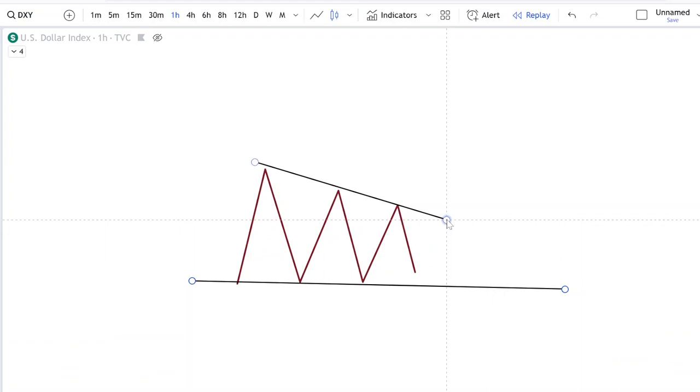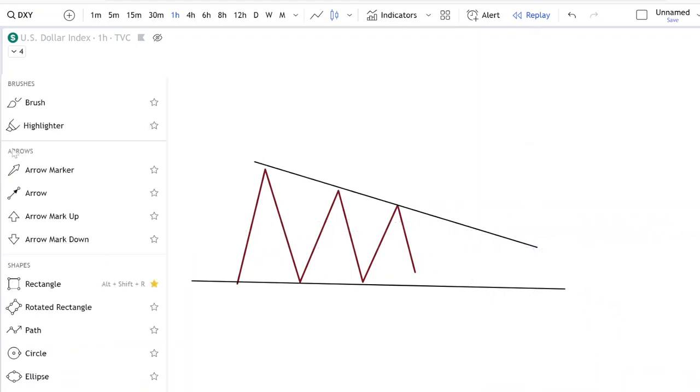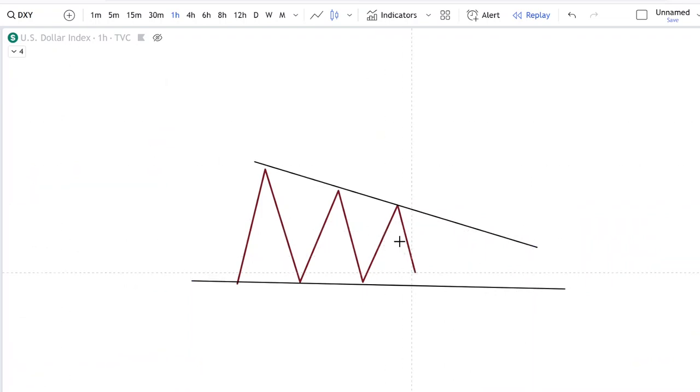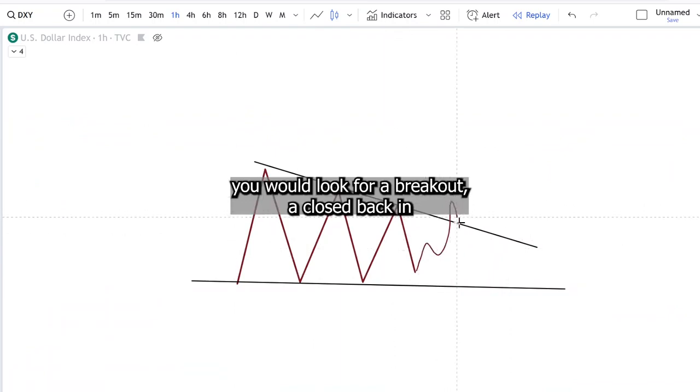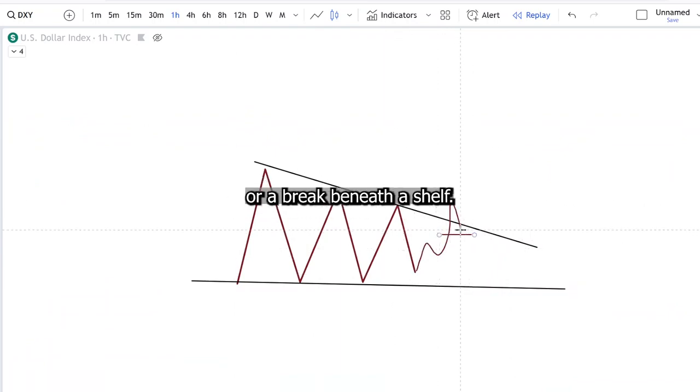So what are you going to do here? Well, the same concepts apply. You would look for the exact same thing as you would if it was a channel. You would look for a breakout, a close back in, or a break beneath a shelf.